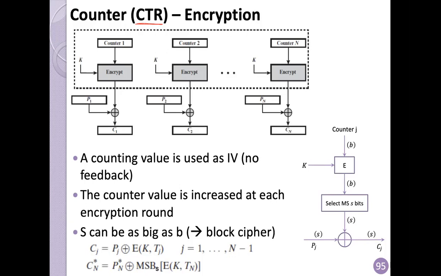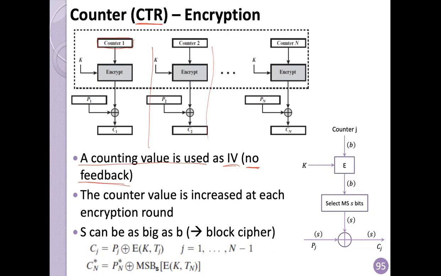And the last encryption mode that I'm going to talk about is called counter mode. In the counter mode, we use different initialization vectors or inputs, let's say, which come from a counter value. So we have a counting value, we use it as initialization vector, and there is no feedback between the blocks. So block number 2 is not getting anything from block number 1 to produce its input.